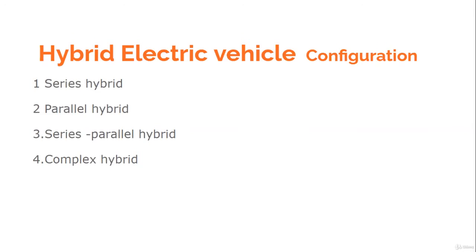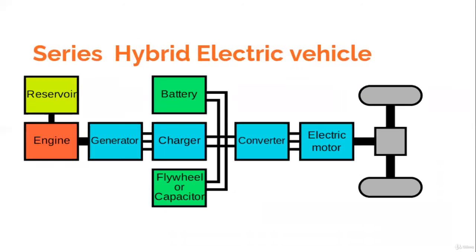The first we will be discussing is the series hybrid. Look at the figure over here. This is the simplest configuration to make a hybrid electric vehicle. The motor you see over here is connected to the wheels. The engine is used to run a generator.